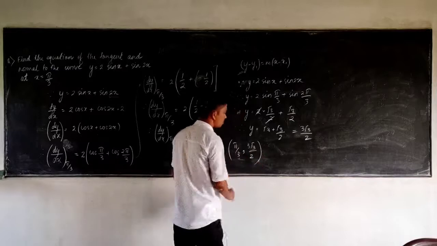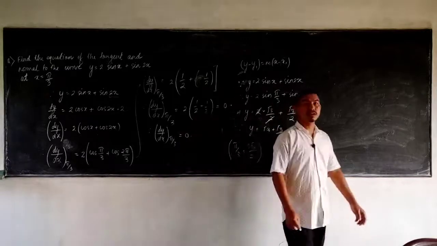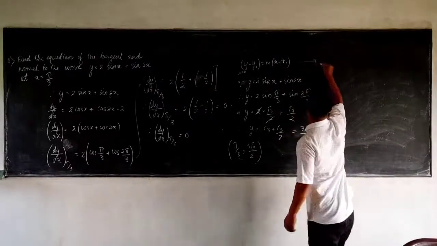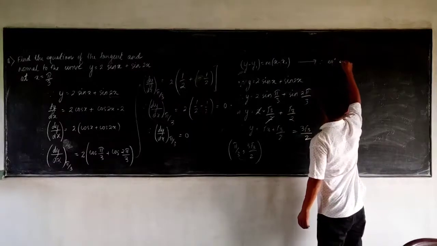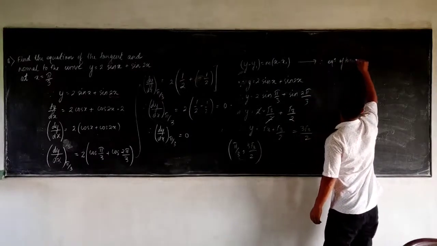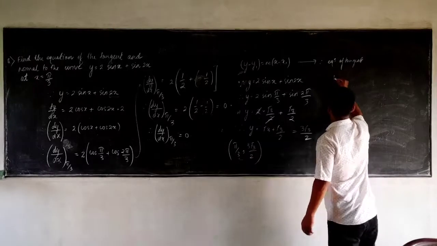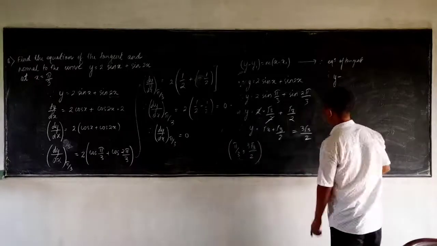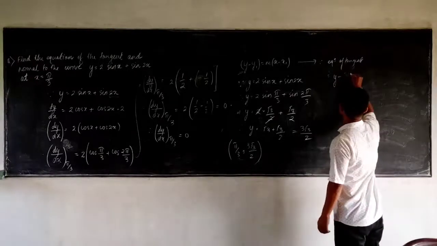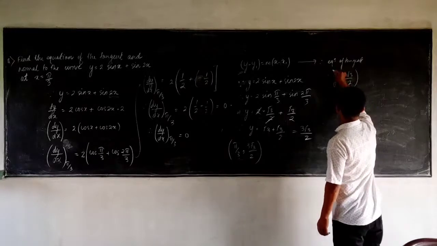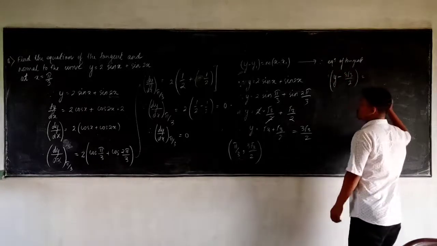Okay, so finally I can write the equation of the tangent from this formula. So the equation of the tangent will be y minus y1. What is the value of y1? It is 3 root 3 divided by 2, equal to m, that is the slope here.